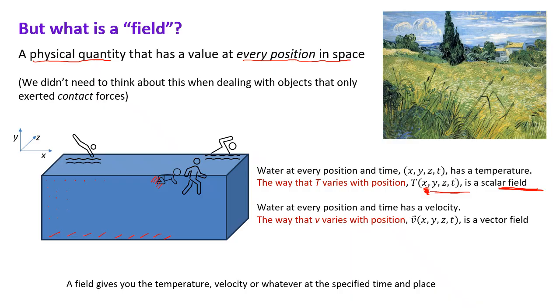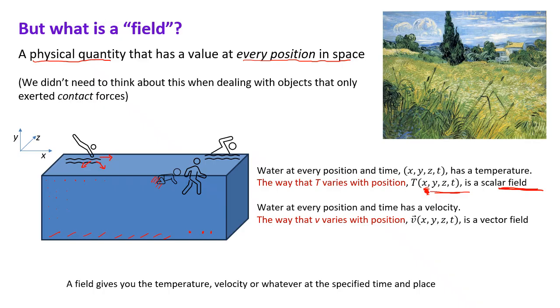Okay, so what about velocity? Water everywhere is going to have a velocity too. Down the bottom of the pool, the velocity might be zero. There might be no current there. In the vicinity of someone diving into the water, there's a lot of splashing going on, so there's quite large currents.